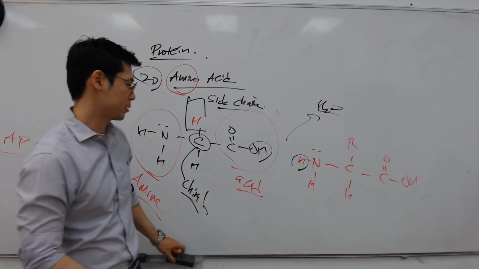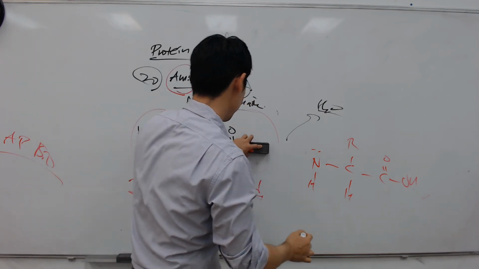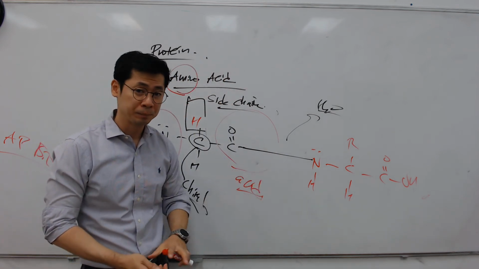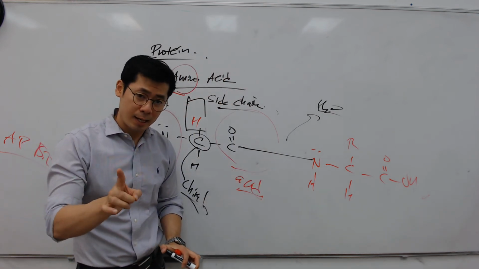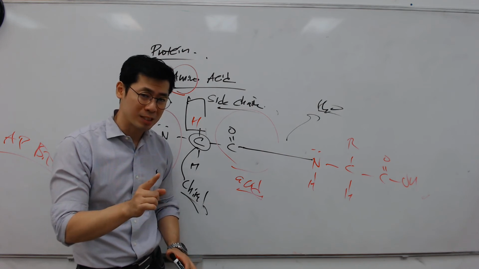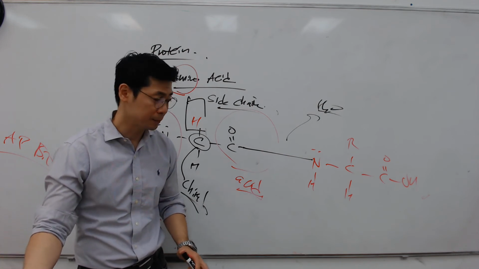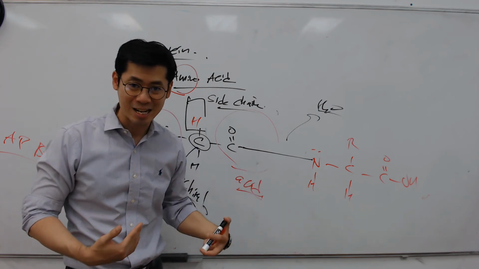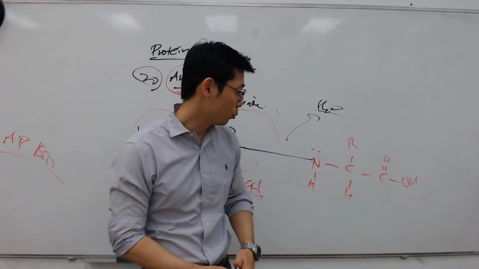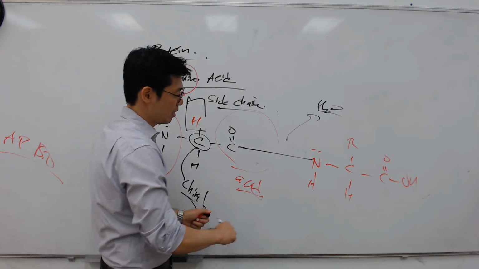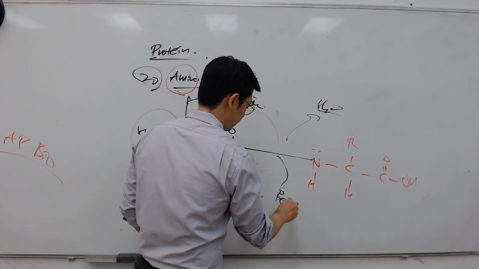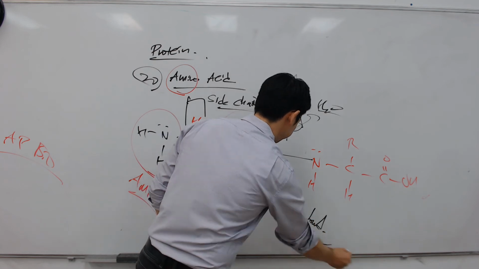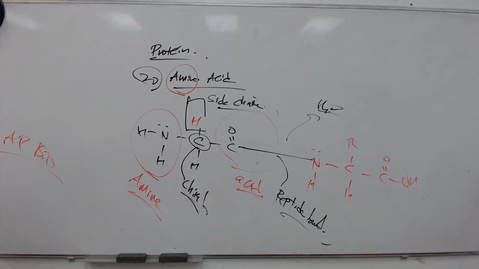They turn into a single bond, and there's a name for this bond. For DNA, it's the phosphodiester bond. For carbohydrates like glucose, it's the glycosidic linkage. What do you think for this one? It's the peptide bond.